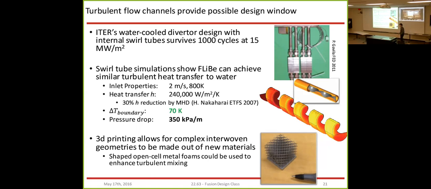In particular, one application of 3D printing that we were looking at was the use of these open cell metal foams. Some of the results that I'll show you in the following slides will also include a speculative shaped open cell metal foam that could achieve similar turbulent mixing as a swirl tube while remaining isotropic in its properties.